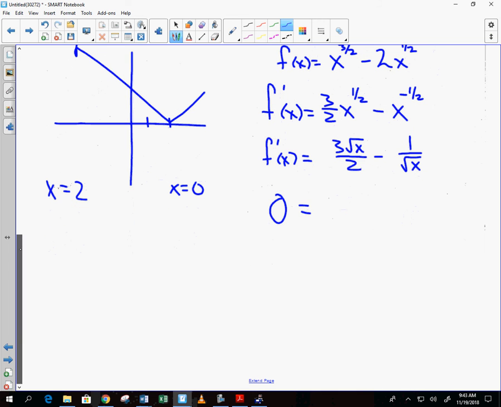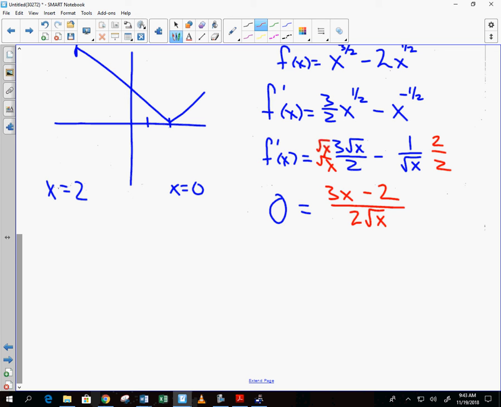Now, if I want to find where that's equal to 0, I should really find common denominators. What is the common denominator? So I have to multiply top and bottom here by 2, and top and bottom here by root of x. And when I do that, I get 3x minus 2 over 2 roots of x. So we already determined what would produce 0 in the denominator.